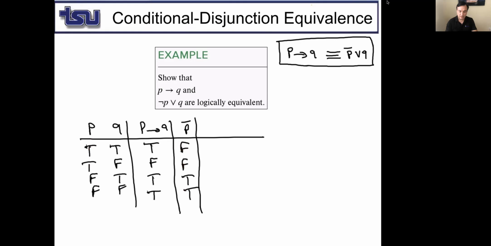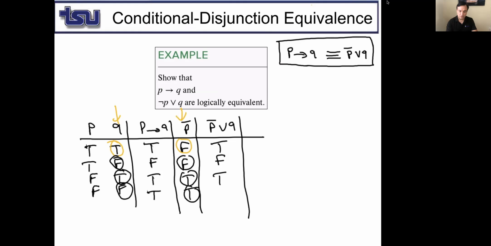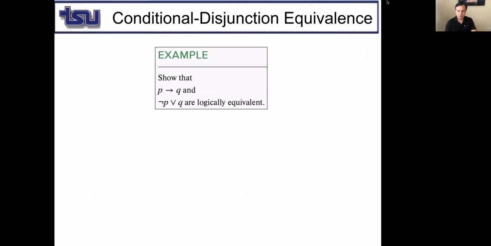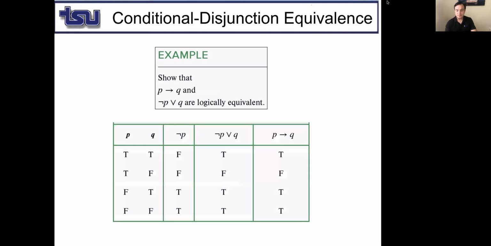Then I have not P or Q. Here is not P, here is Q. True or false is true. False or false is false. True or true is true. False or true is true. Look here and look here. They are exactly the same column. So P implies Q is equivalent to not P or Q. You've got to get yourself familiar with this.